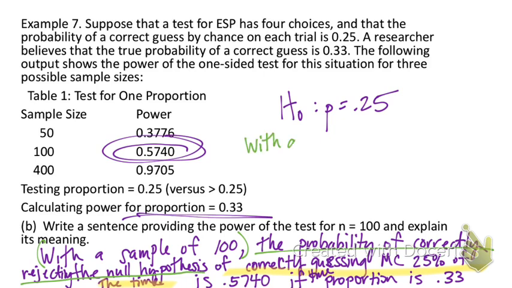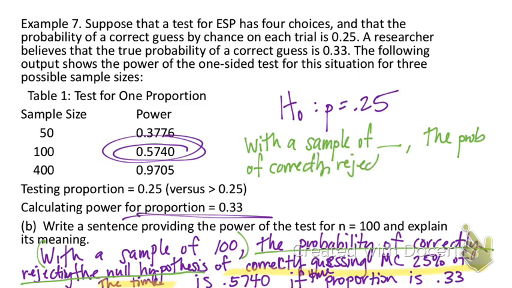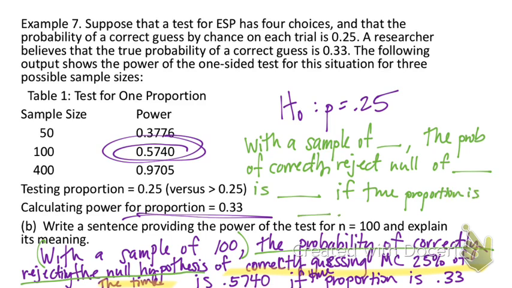So, with a sample of blank, the probability of correctly rejecting null of insert context is blank. Will it always be true proportion? If the true proportion is blank. So these are the things you're inserting.